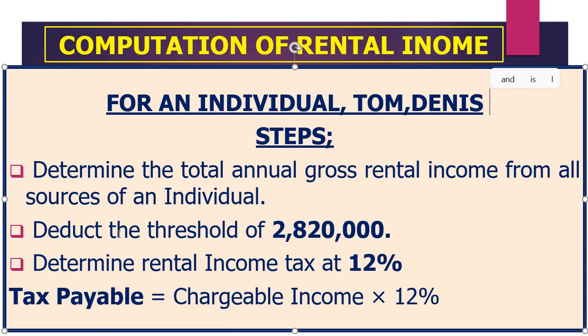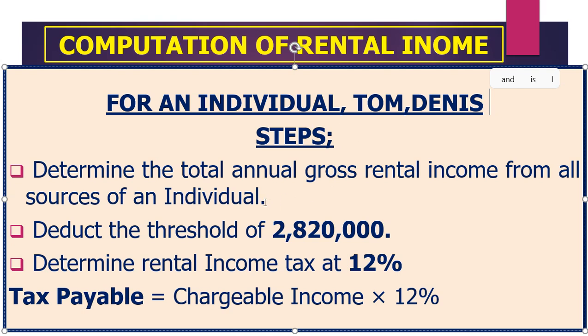So an individual could be having a house here, let's assume maybe in Kenya. An individual could be having another house somewhere. Now, what we do, we first look at all the geographical sources of rental income of this individual, provided this individual is a resident individual.